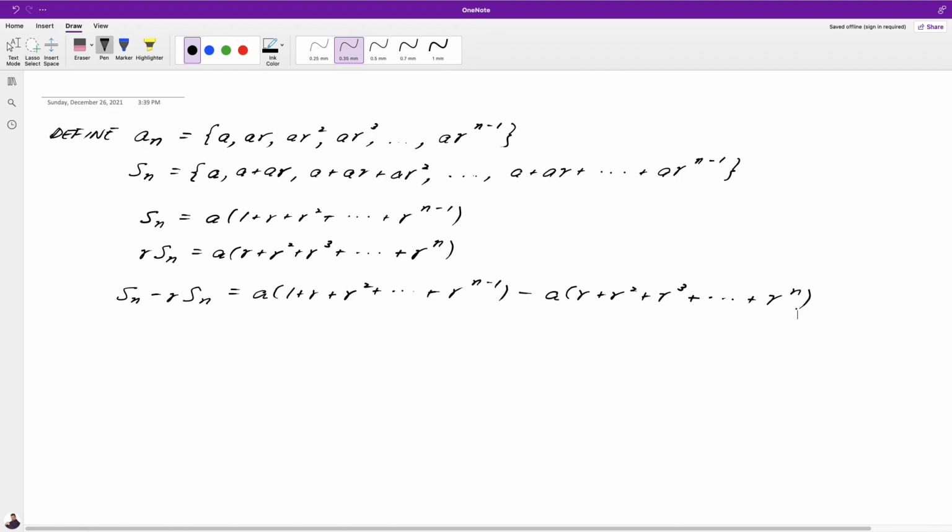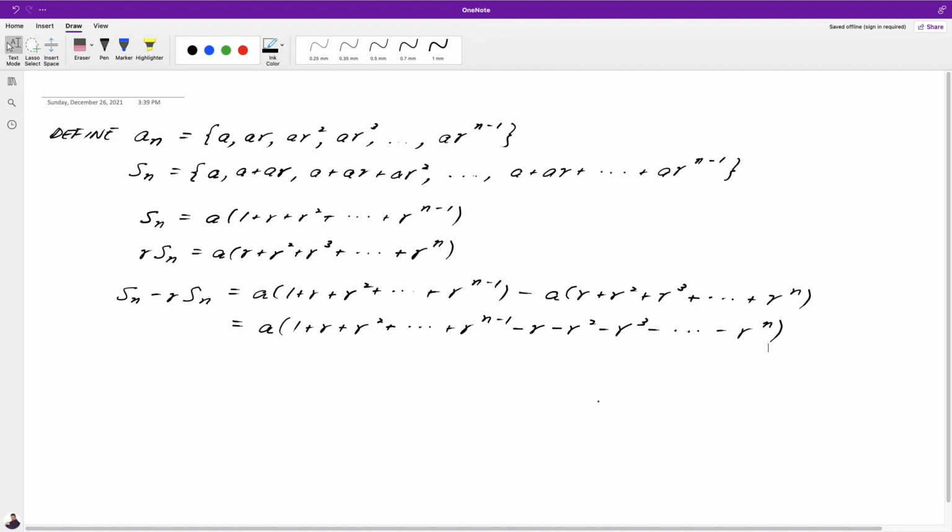Now, it's worth pointing out here, I can take an a out of everything, so why don't we start by doing that. If I take an a out of everything, I have 1 plus r plus r squared plus all the way out to r to the n minus 1. But now I'm going to have minus basically everything in here: minus r, minus r squared, minus r cubed, minus all the way to minus r to the n.